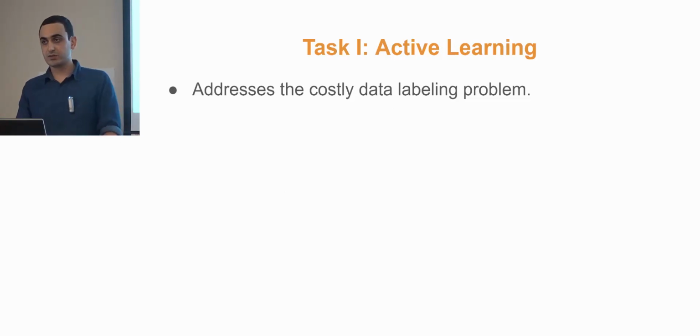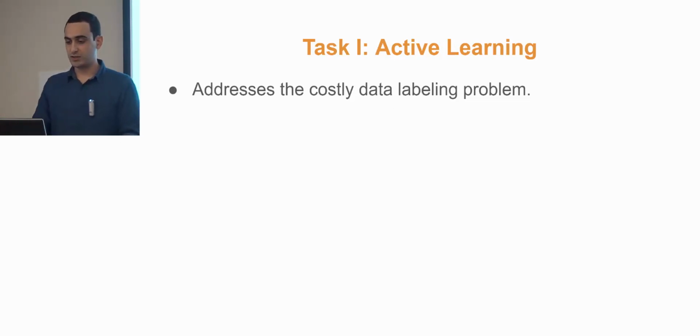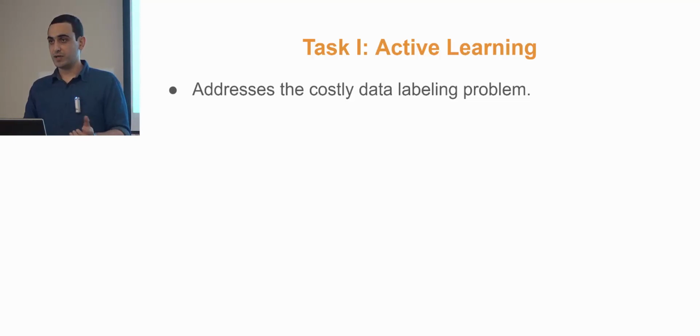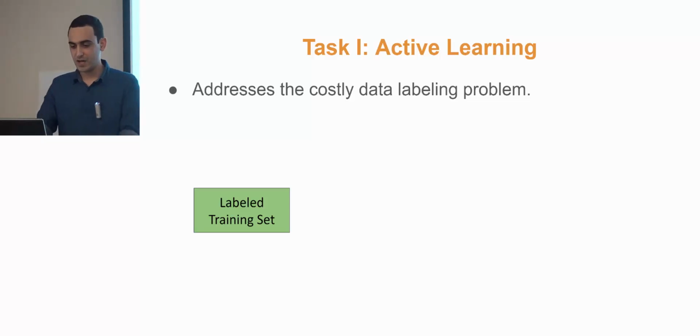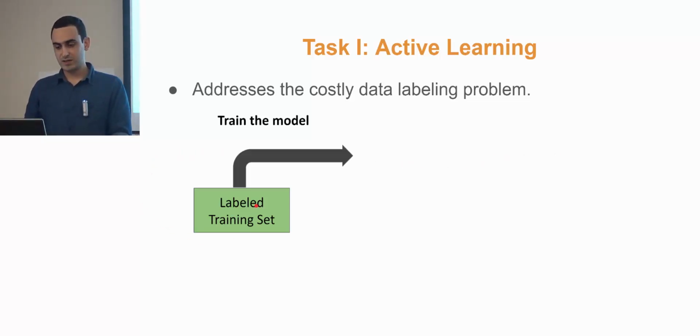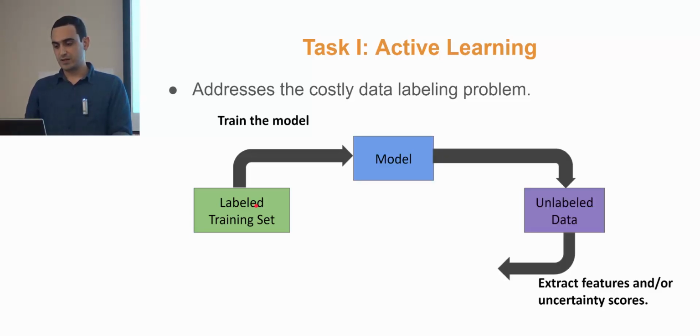So active learning tries to address the costly data labeling problem, meaning that we want to label as little data as possible. This is how active learning works. We start with a very small labeled data set. We train our model, then run all the unlabeled data points through our model and extract some uncertainty score or feature vectors.